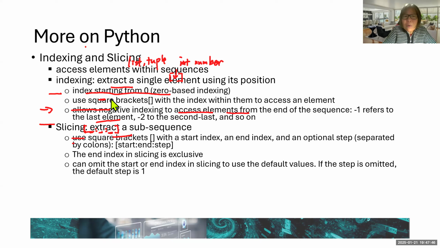And you can also omit the start and end index. If you omit them, by default start is 0, end is the last item. And if step is omitted, the default step is 1.